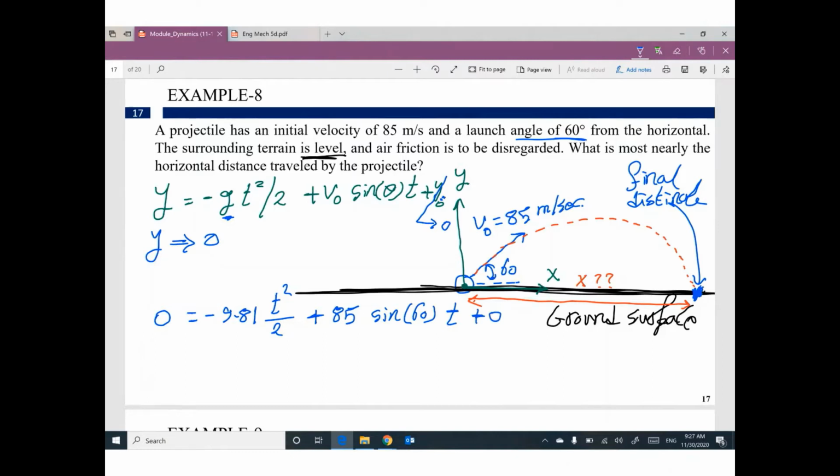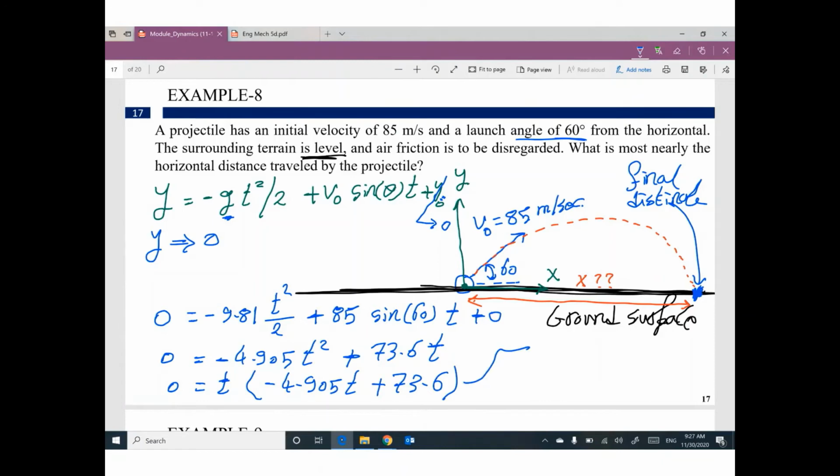We can simplify this equation to be 0 equal negative 9.81 divided by 2, it will be 4.905 t square, plus 85 times sine 60. This term will be 73.6 t. If you take t outside, we have negative 4.905 t plus 73.6.